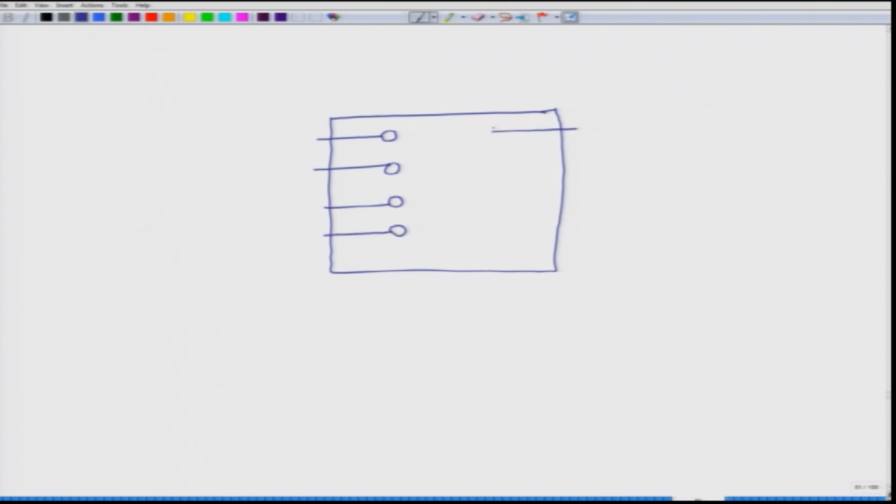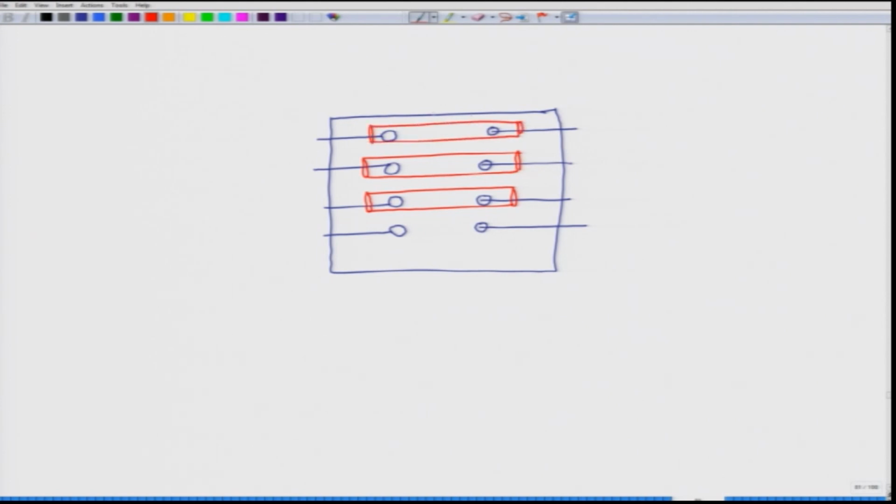So, what you saw in the picture in the last class is a microelectrode array, and on top of that those channels were being placed like this, and of course, you have a partition somewhere in between.